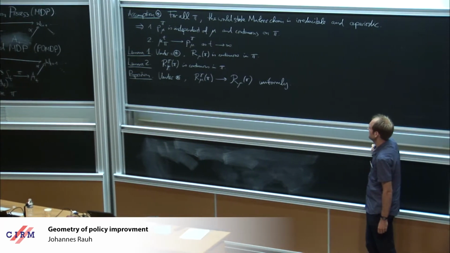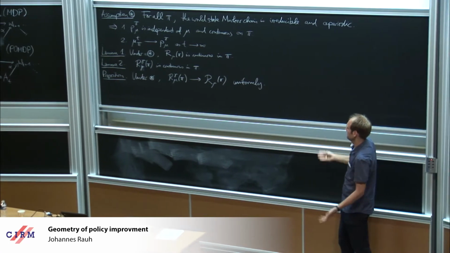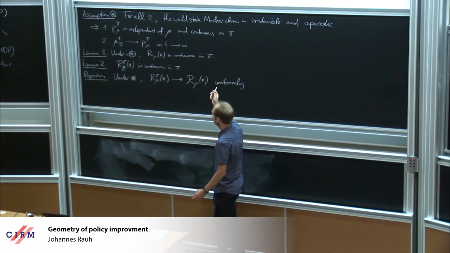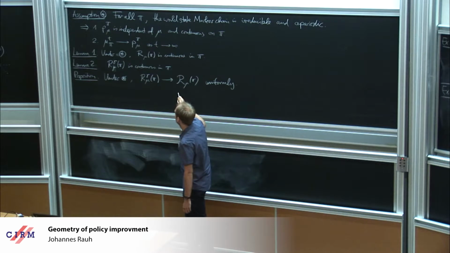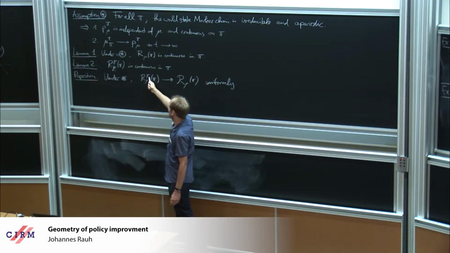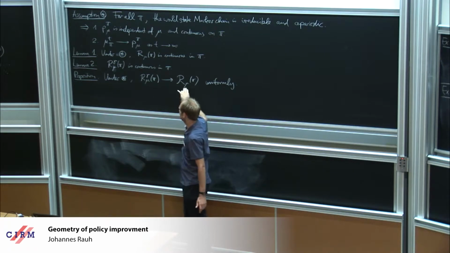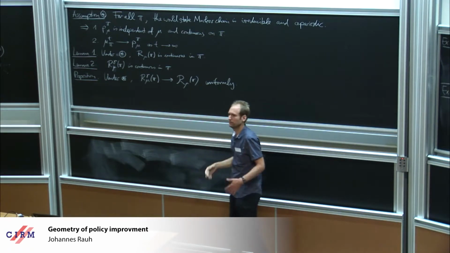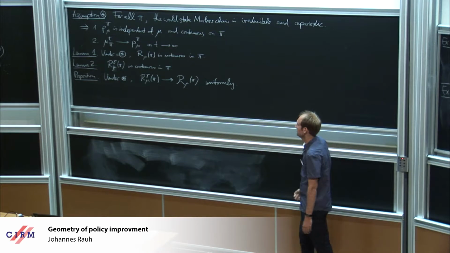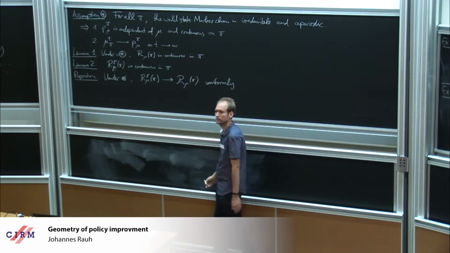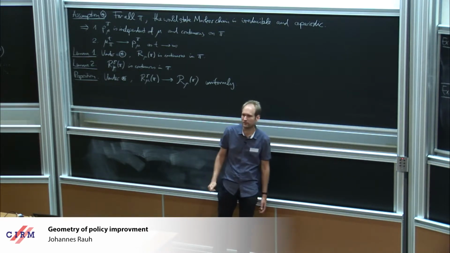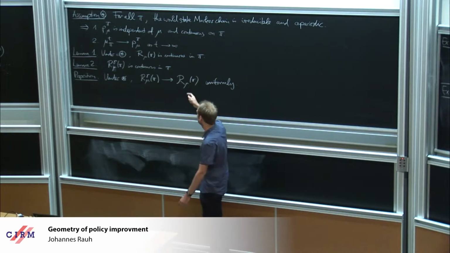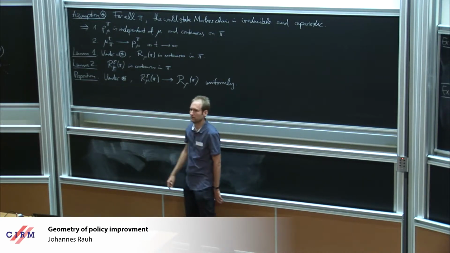Which means that for every epsilon, if you choose the gamma large enough, then the difference between the left and the right hand side here will be less than epsilon for all pi. Right? So that's uniform convergence. So you don't need to adjust the approximation level on the pi.